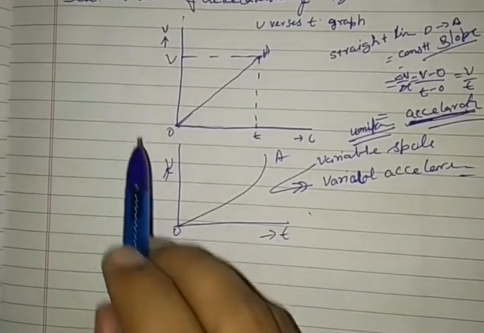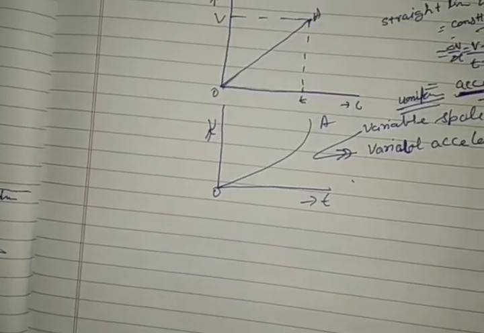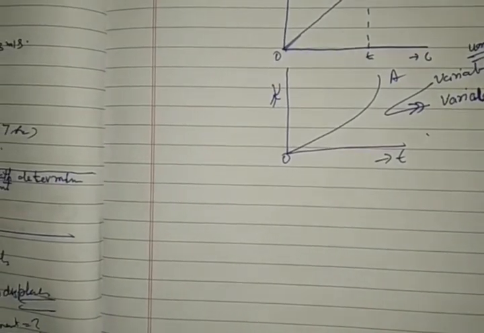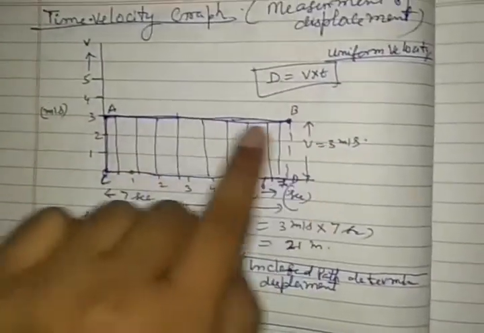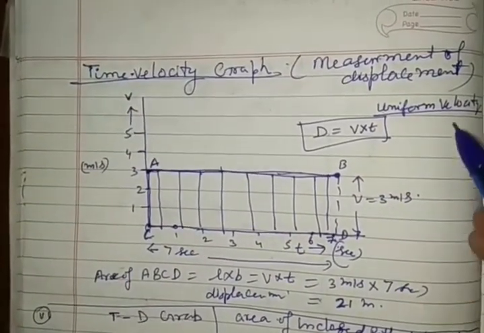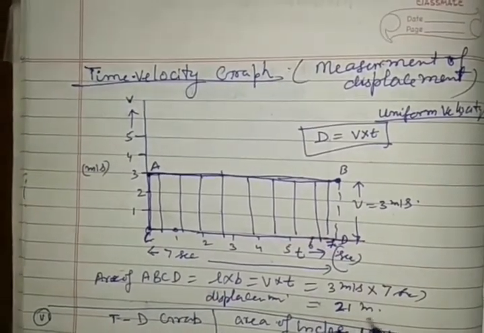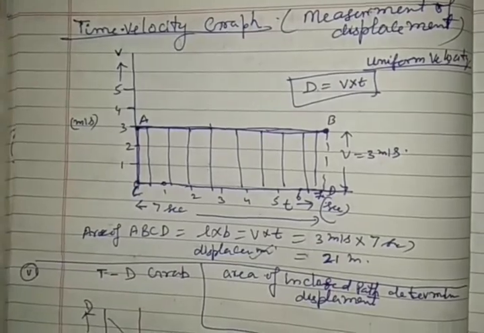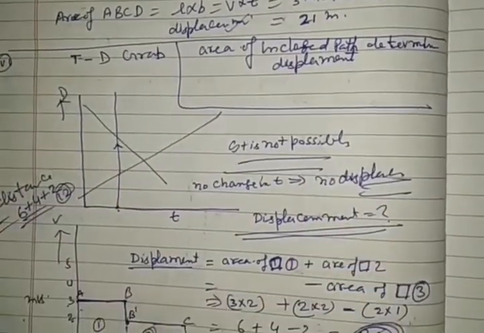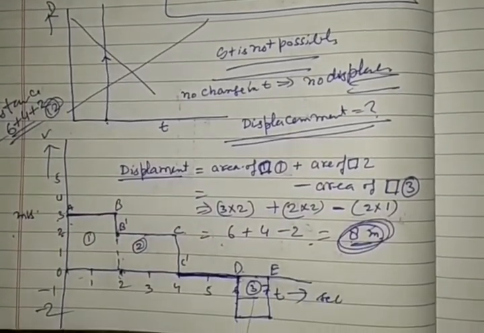Here we will summarize: on the velocity time axis, a straight line parallel to the time axis denotes uniform velocity, and the area of the shaded portion represents displacement. If the graph is obtained in this way, see carefully, various slopes are given.